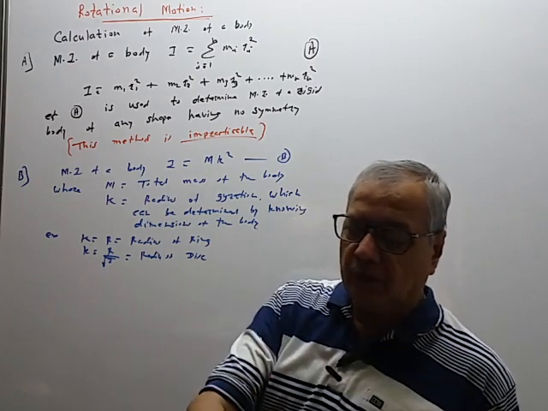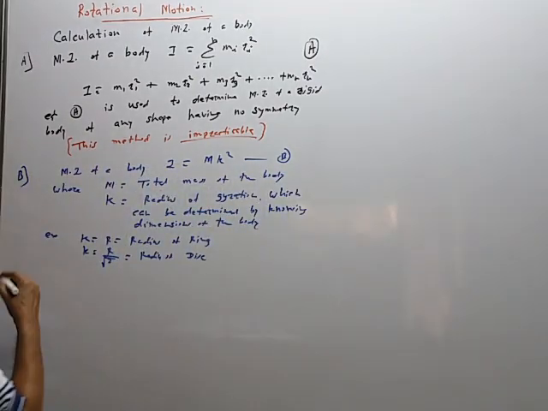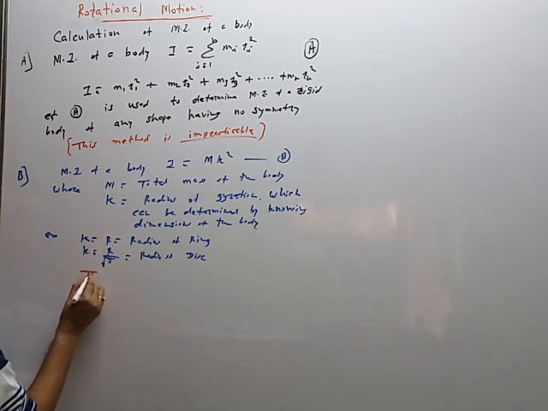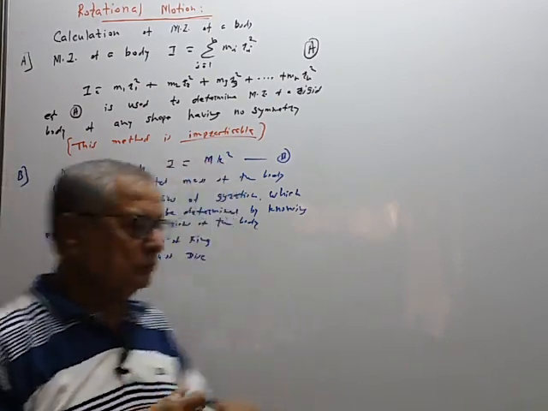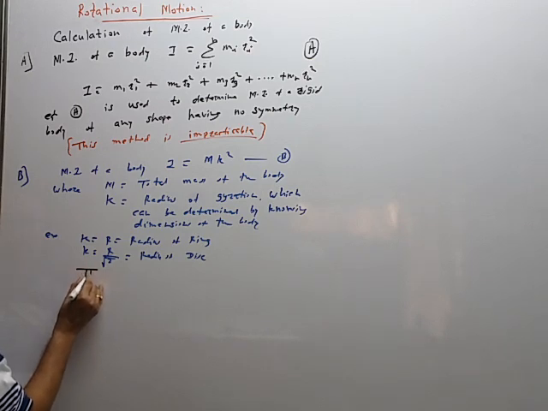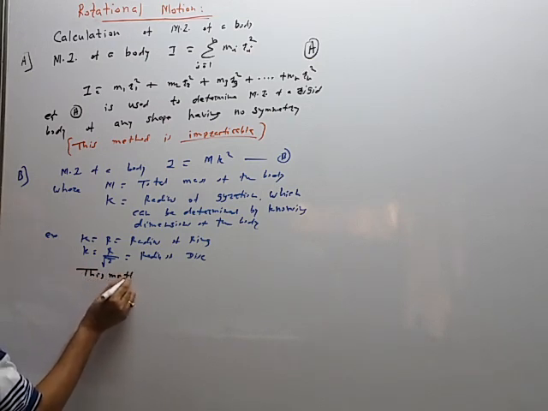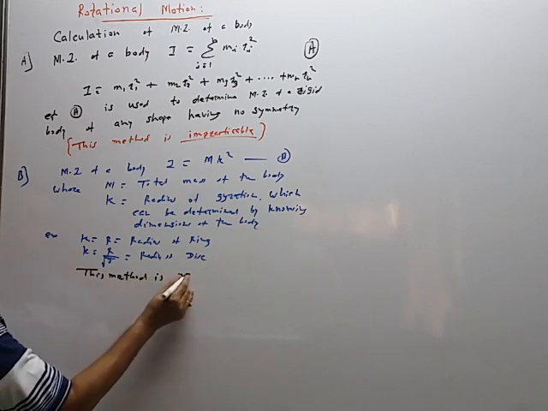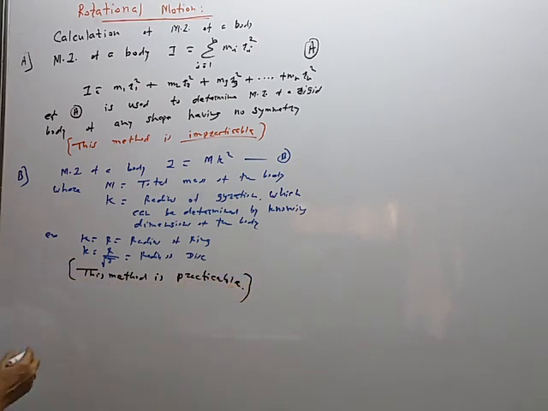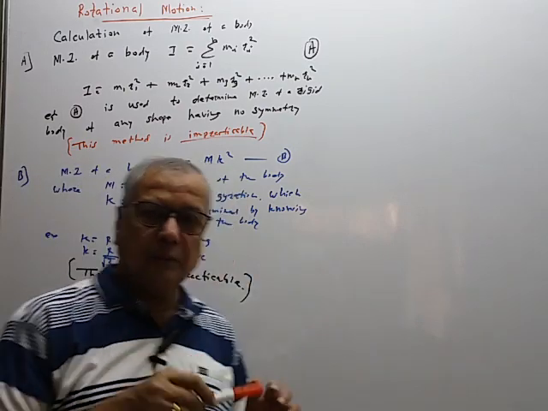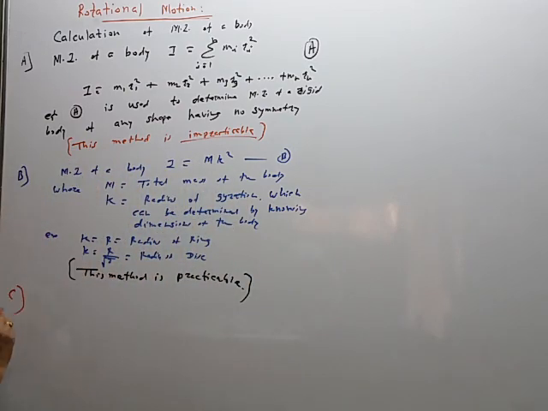Now, the third method. This method is practicable. So this third method is this.